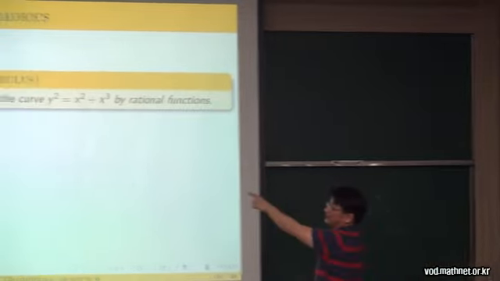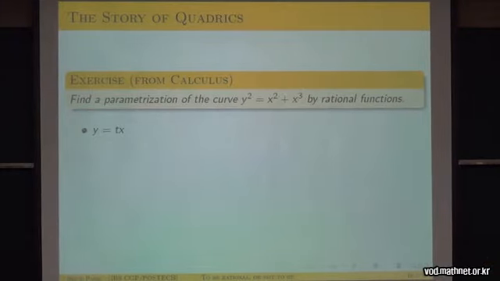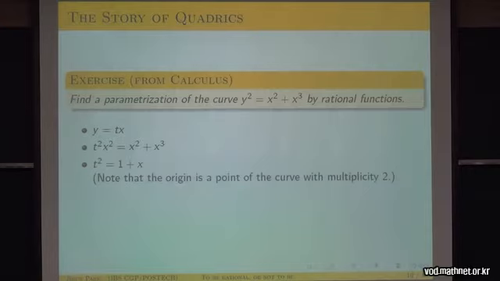So you consider this line, y is tx, which passes through the origin, right? And you replace y by tx, right? So you will get t squared x squared is x squared plus x cubed, right? And every term has x squared because this point is the double point.